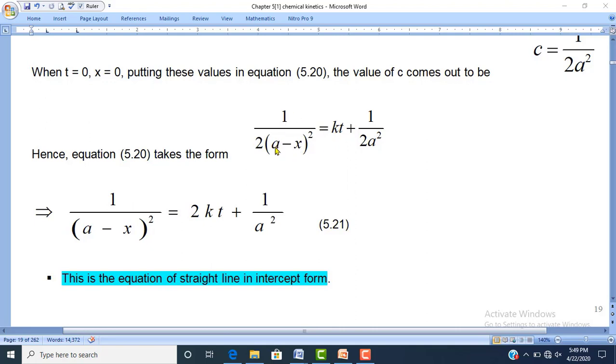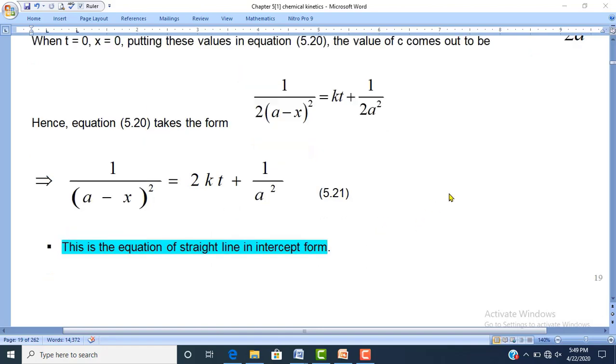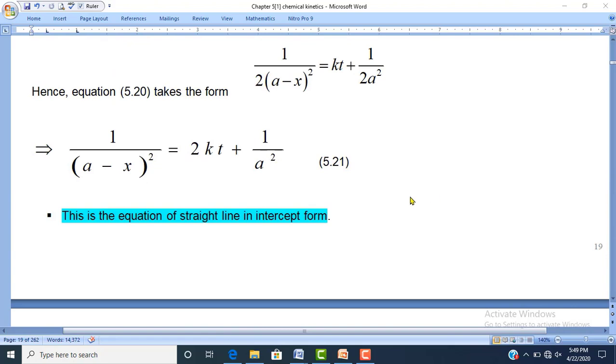So this equation becomes 1 over (a minus x) square is equal to 2kt plus 1 over a square. This is the equation of a straight line in intercept form, and this is equation 5.21. So when we plot a graph between time and 1 over (a minus x) square, we will get a straight line.